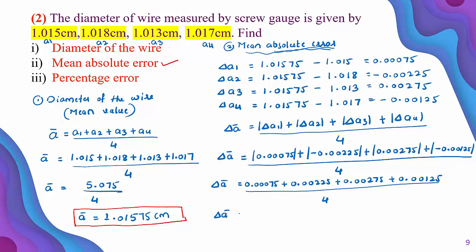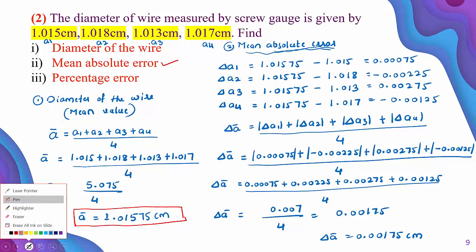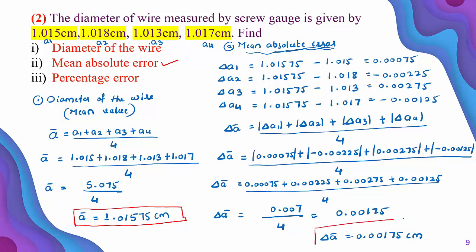Sum of all these values we will get 0.007 divided by 4. So divided by 4 gives the final answer 0.00175. So delta A bar is equal to 0.00175 centimeter. This is the value of mean absolute error.